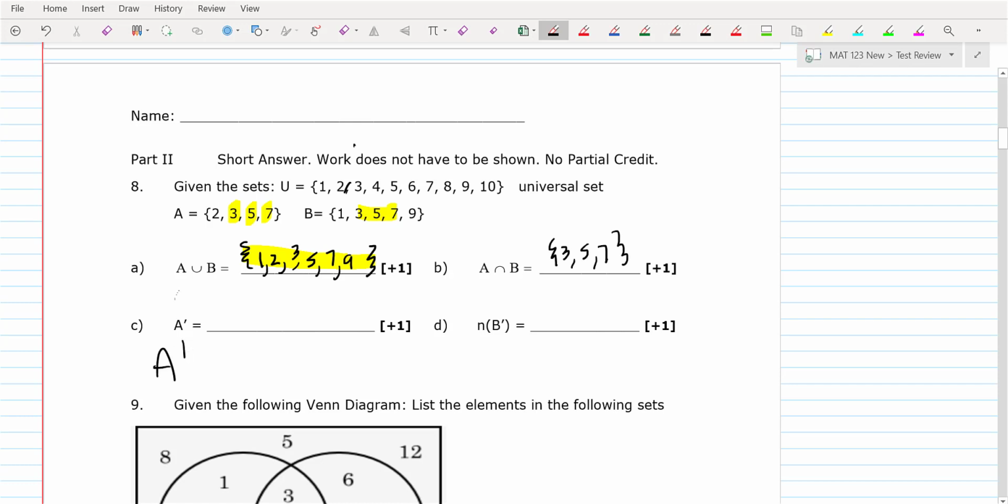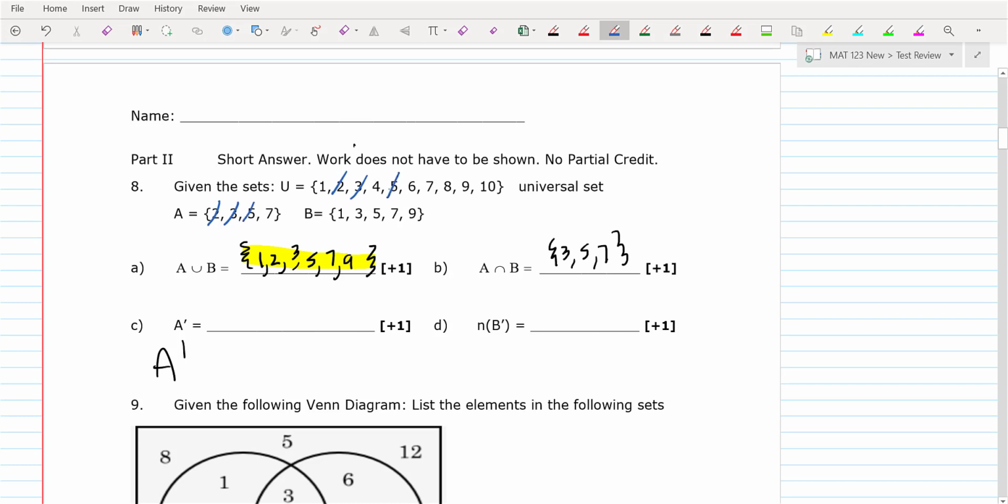A prime, what does that tell you? Complement. It's not in A, but it's in U, right? So it's not just everything outside of A, it's everything outside of A that's in U. So what I'm going to do is this. There's a 2 in A, I'm going to mark it out of the universe. There's a 3, I'm going to mark that out.